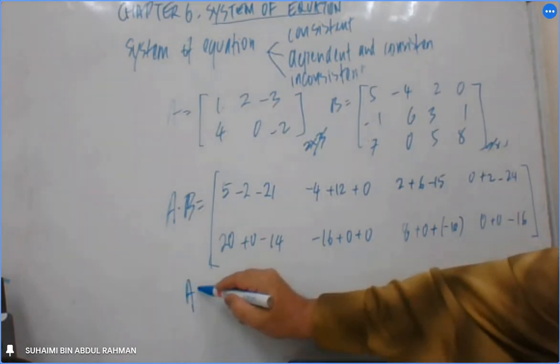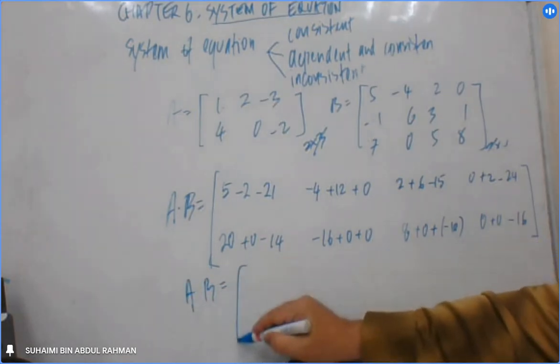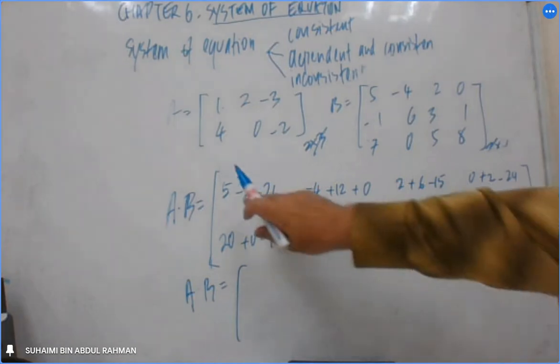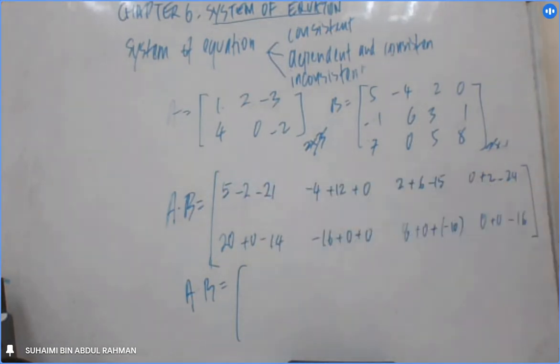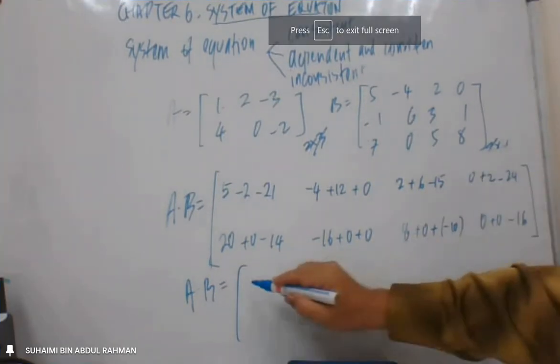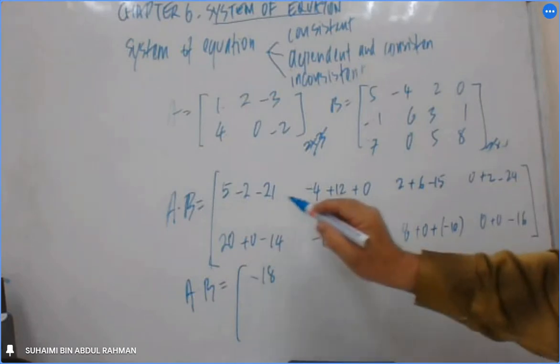Then A multiplied by P is, okay, what we get is matrix 2 times 4. 5 minus 2 minus 21. What do you get? Minus 18.